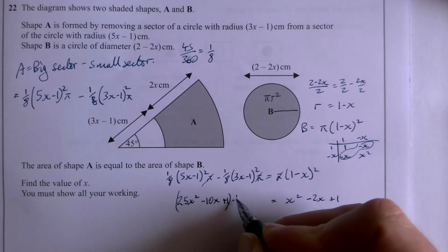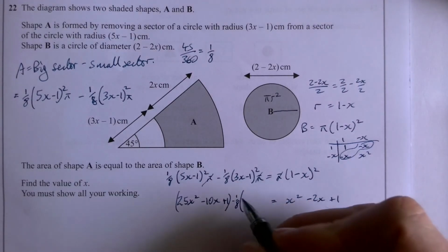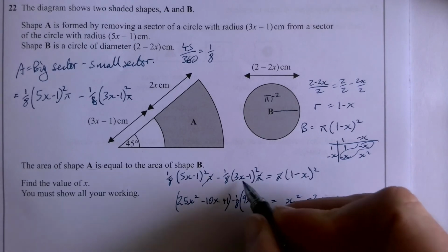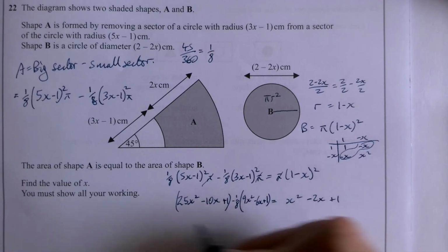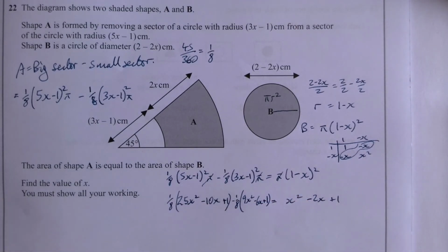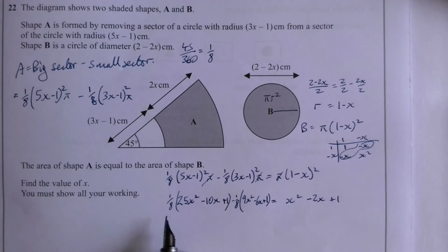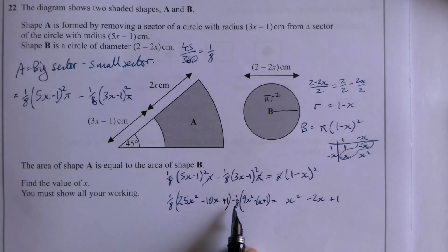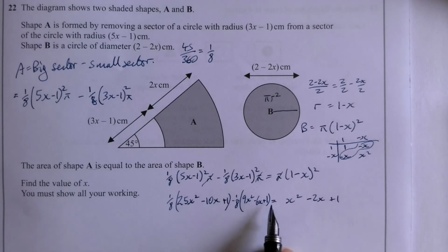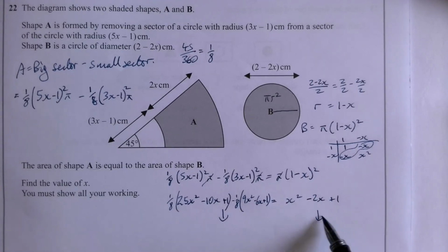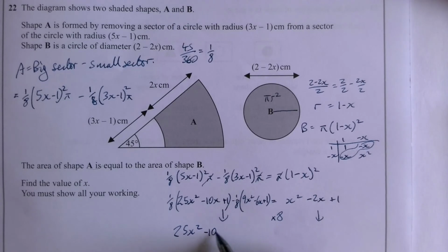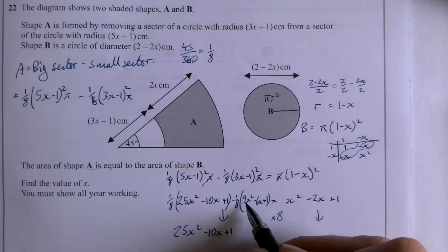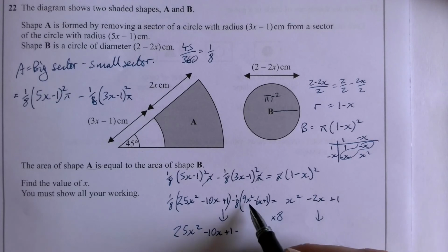And then that is going to be taken away from the 9x squared, then we're going to get 2 lots of 3x's, minus 6x plus 1 there. That's times by an 8 as well. Now, as we've got everything being multiplied by an 8th here, or divided by 8, we could multiply both sides of our equation by 8. That would get rid of that bracket there and just give me 25x squared, take 10x plus 1, and then I'm going to be taking away 9x squared take 6.